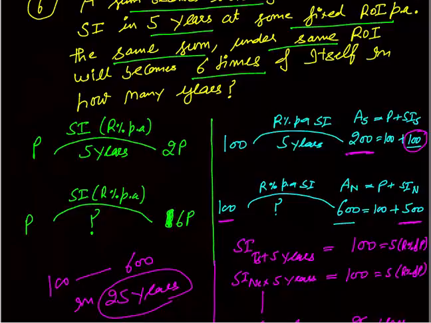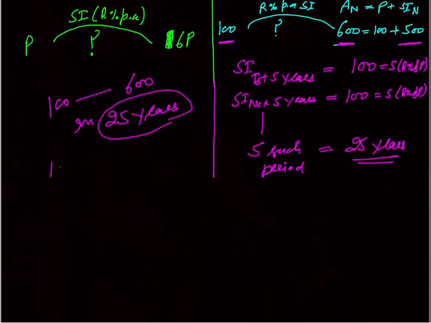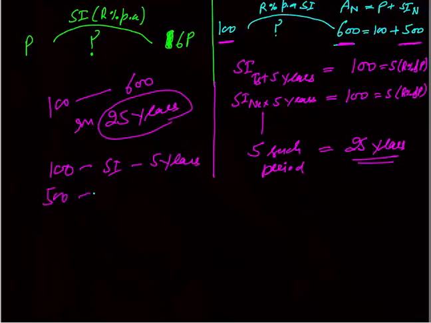You need to invest 100 and get 600, so 600 is the amount and your simple interest should be 500. By simple logic, 100 simple interest comes in 5 years, so 500 simple interest will come in 25 years, because every set of 5 years you are getting 100. So the answer is 25 years.